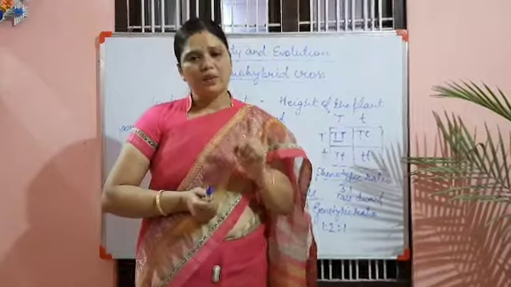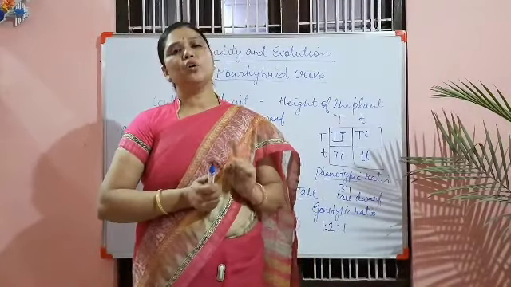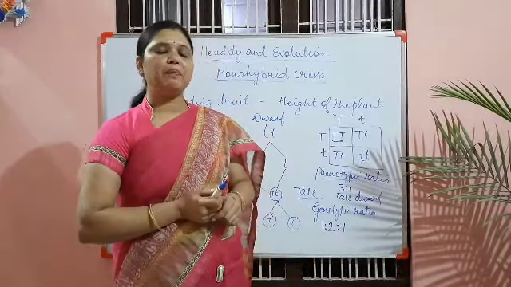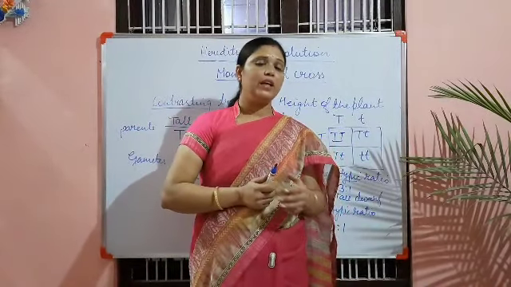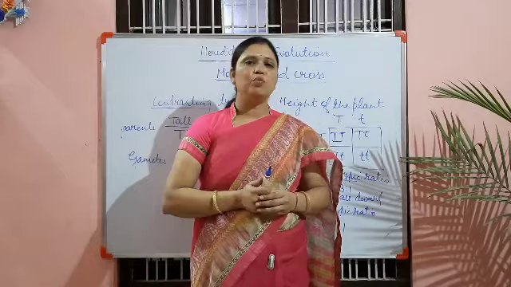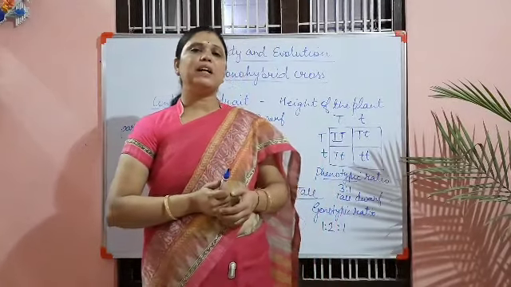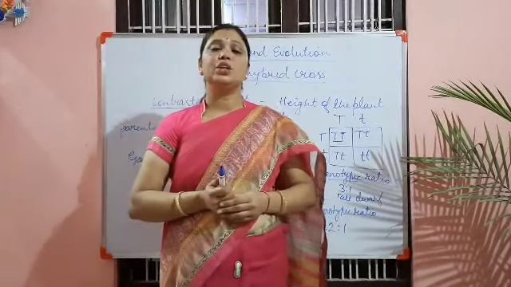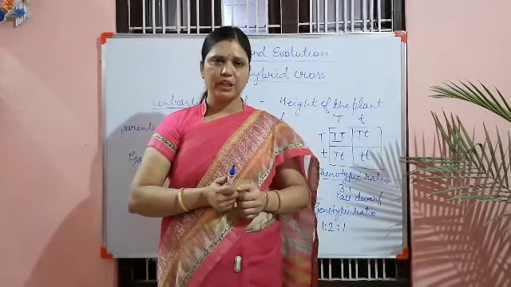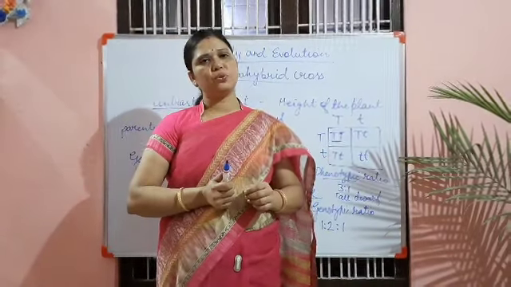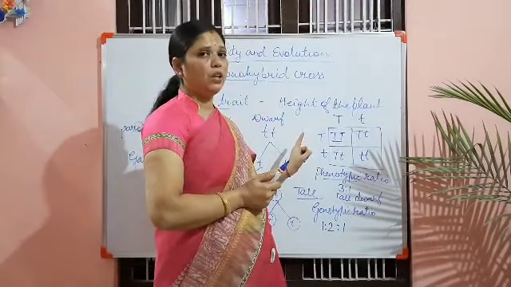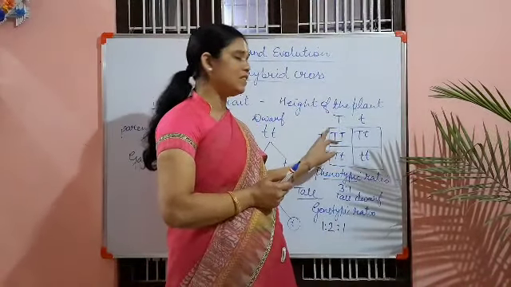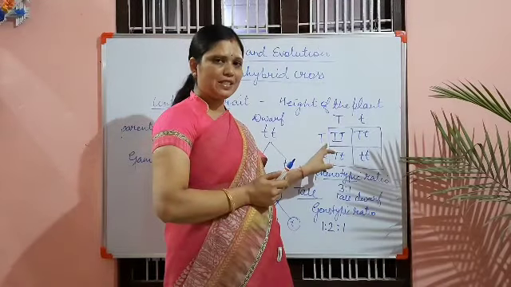It is always constant. So for the monohybrid cross, the phenotypic ratio is 3:1, that means 3 appear as tall, 1 is dwarf. But the genotypic ratio is 1:2:1. That means 1 is dominantly tall because of the presence of both dominant genes.